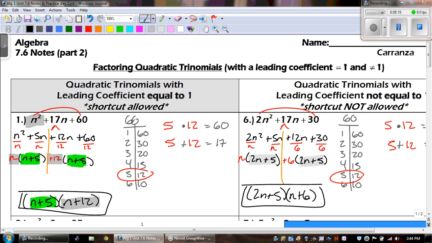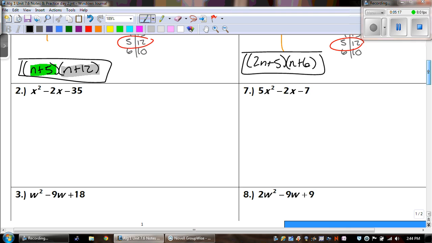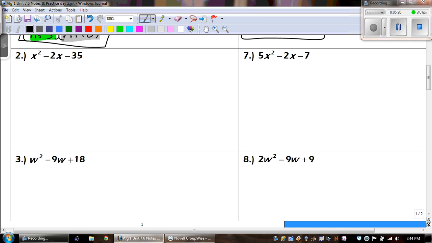All right, let's scroll down and do number 2. We do a times c, which is 35. The factors of 35 are 1 and 35 and 5 and 7. We're looking for numbers that multiply to get to a negative 35 and add to get to negative 2. And remember that negative 2 comes from our b term.